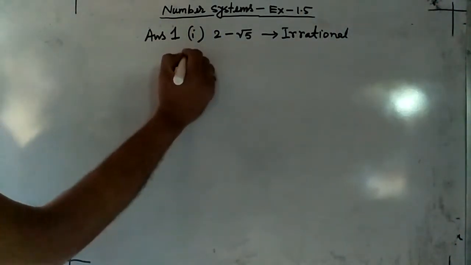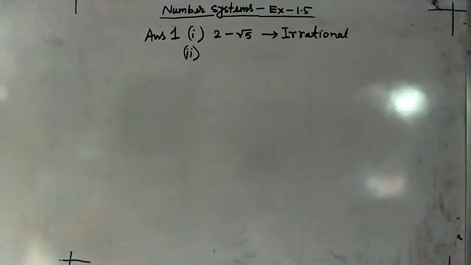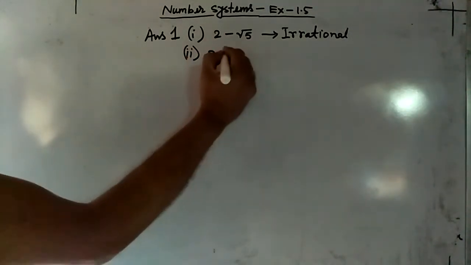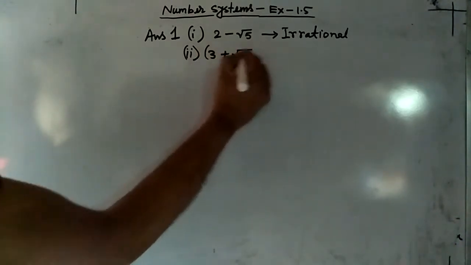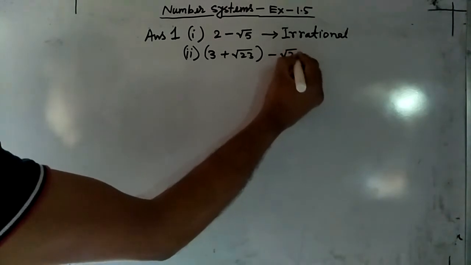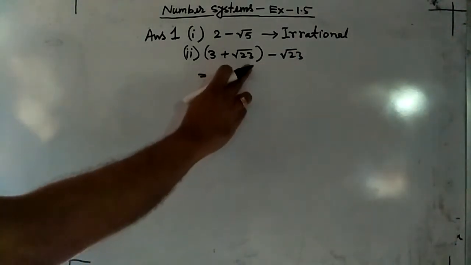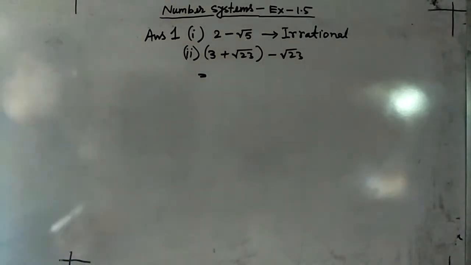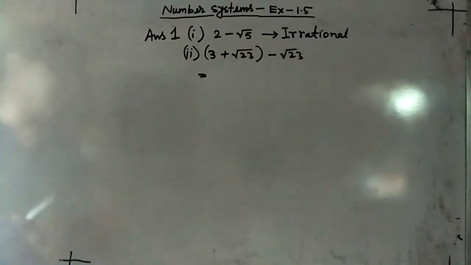right? And second one also I am showing. Second one is 3 plus root 23, put bracket, minus root 23. So by looking root 23, don't write it is irrational. First solve it, simplify it, and after that decide it is rational or irrational.